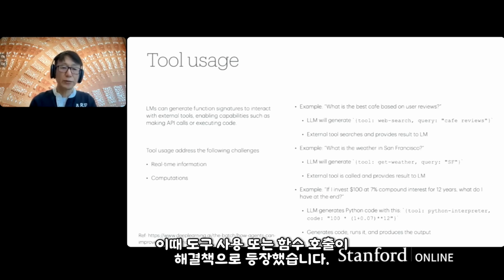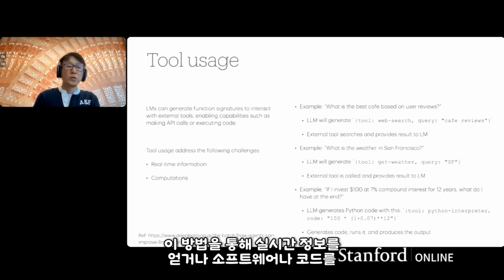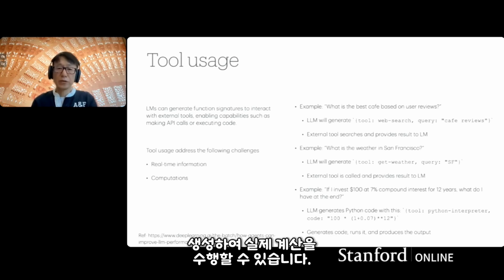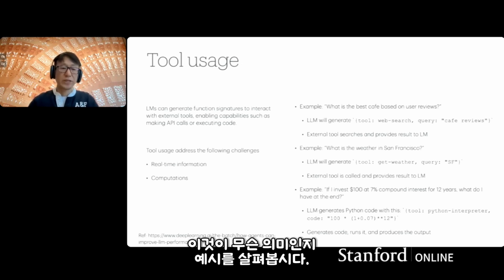So that's where tool usage comes to the rescue, also known as function calling. With this method, you could get real-time information, or you could actually do a computation by generating software or computer code.